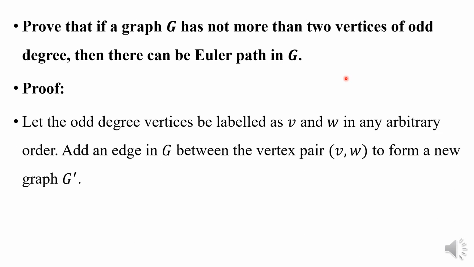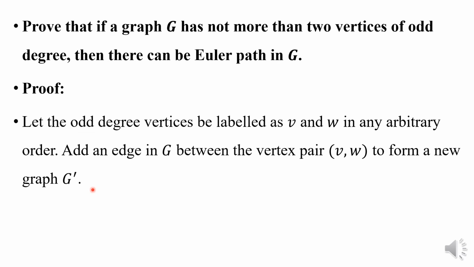Proof. We have assumed that two vertices have odd degree, so let the odd degree vertices be labeled V and W in an arbitrary order, that does not matter. Now I am going to add one more new edge in graph G between the pair of vertices V and W to form a new graph G dash.